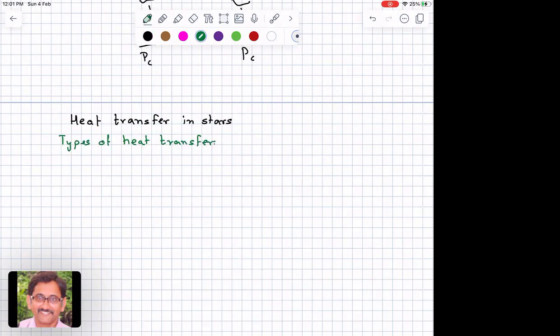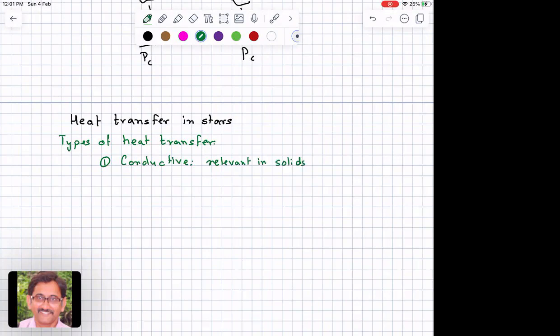One is conductive transport. And here it is mainly relevant in solids. Okay.